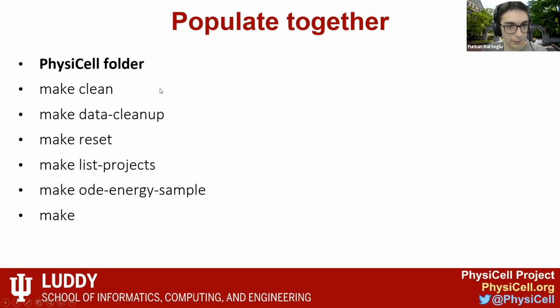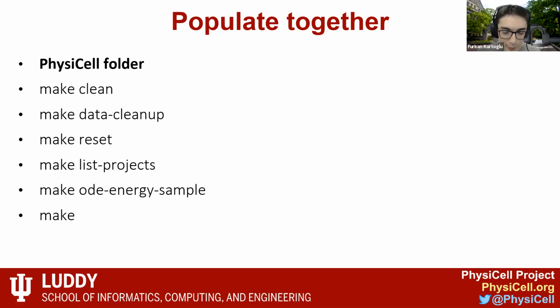So you go to the PhysiCell folder: make clean, make data-cleanup to clean the data. Make clean is just cleaning the link files and executables, and make reset is just resetting it. This is a very powerful command, so be careful while using make reset.